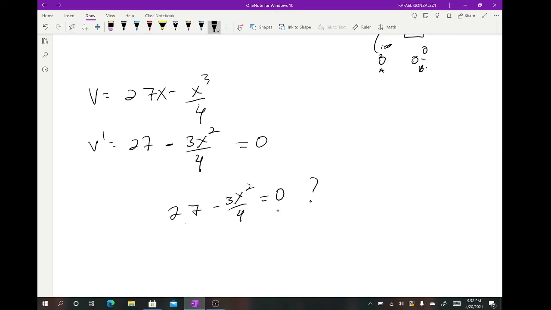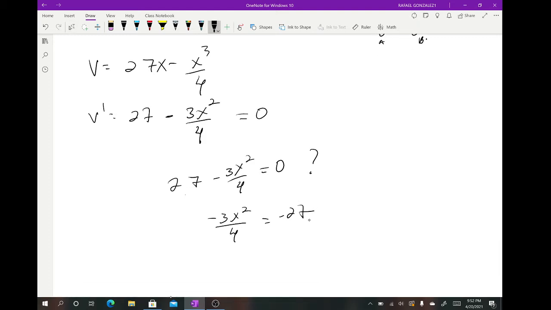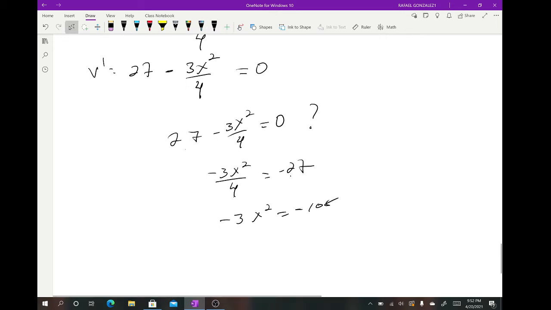Well, let's move the 27 to the right side. So we're going to do minus 27 on both sides. And now instead of dividing by 4, let's multiply both sides by 4. We get negative 3x squared equals, and 4 times negative 27 is going to be negative 108. Then let's divide both sides by negative 3.